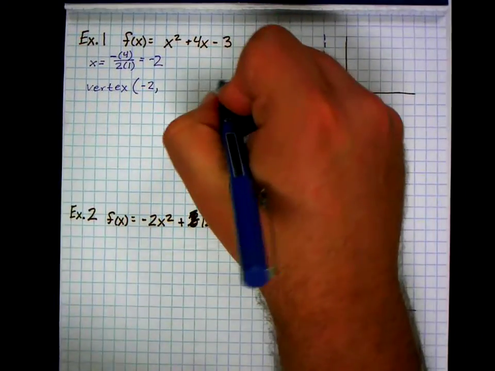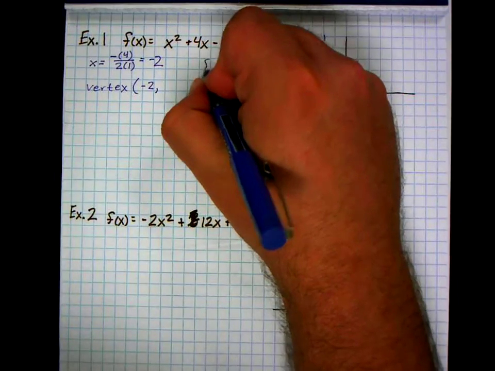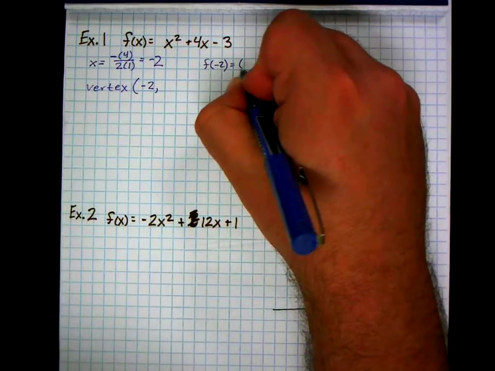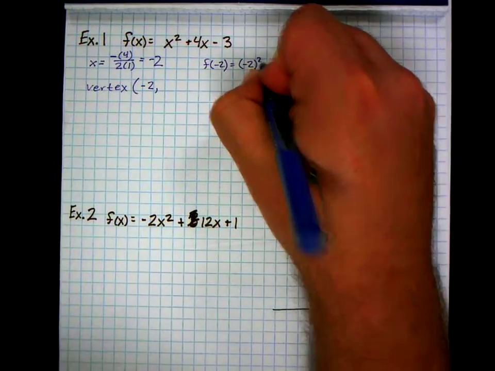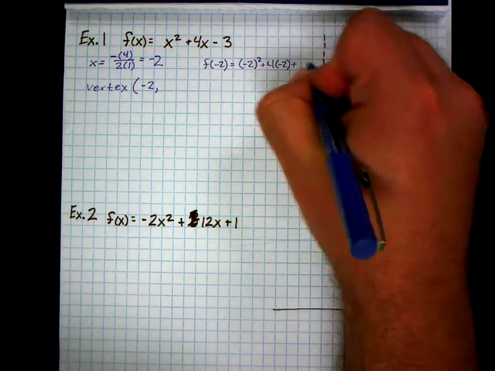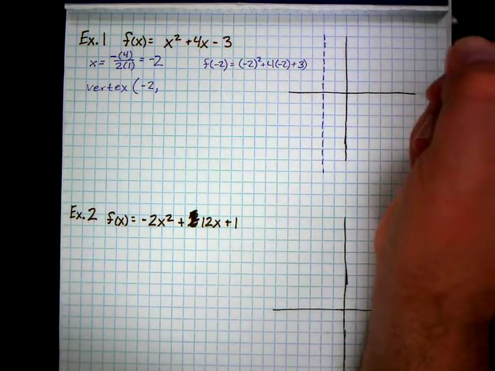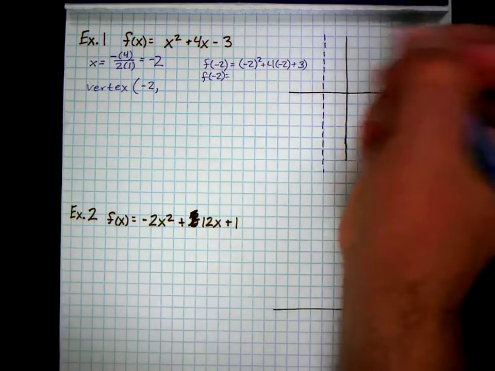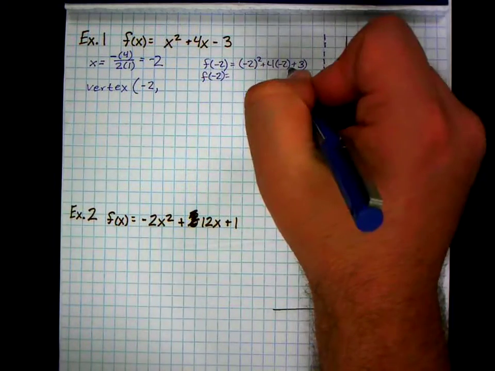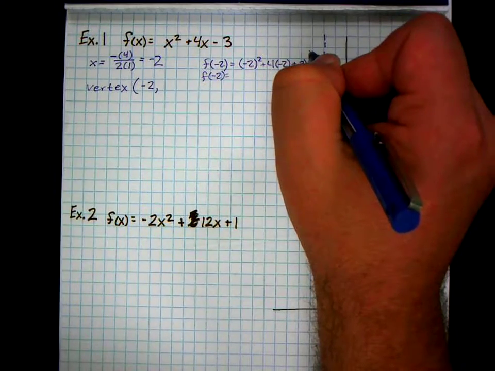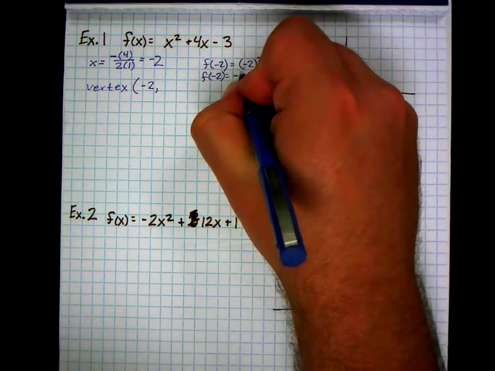To find the y value, I just need to plug in negative 2. So let's see, that's 4 minus 8, which would be negative 4, plus 3, which would be negative 1.